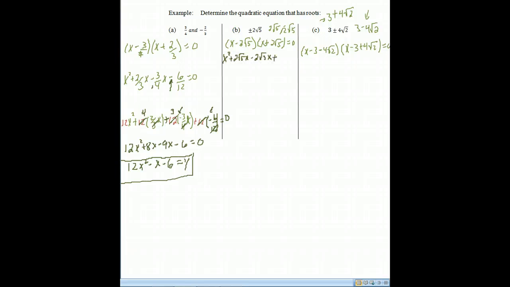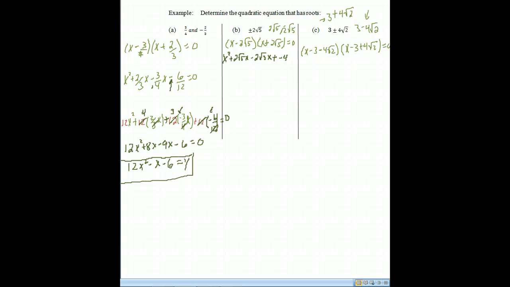Alright, I carried out most of the multiplication here, but I left the last step. So multiplying x times x, x squared. x times 2 root 5 is 2 root 5x. Negative 2 root 5 times x, negative 2 root 5x. And remember, when we are dealing with radicals, numbers on the outside will multiply together. So 2 times 2, so that would go to negative 4 because it's negative there.